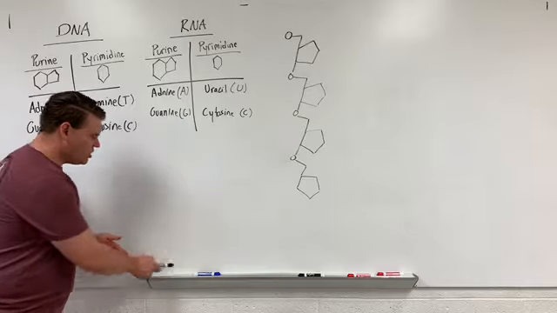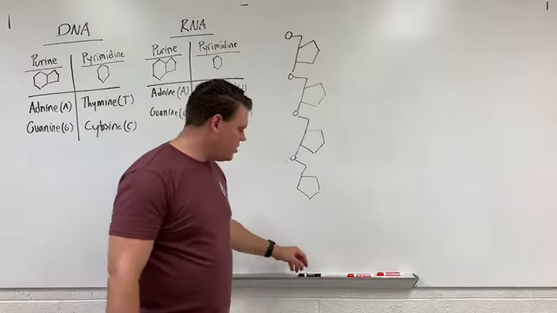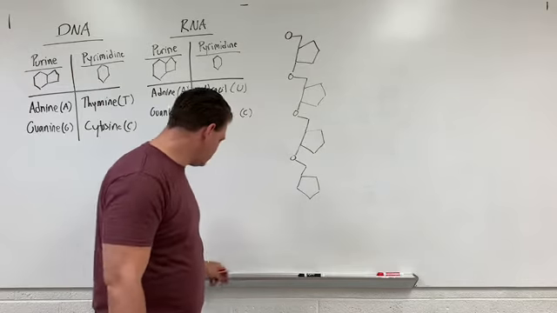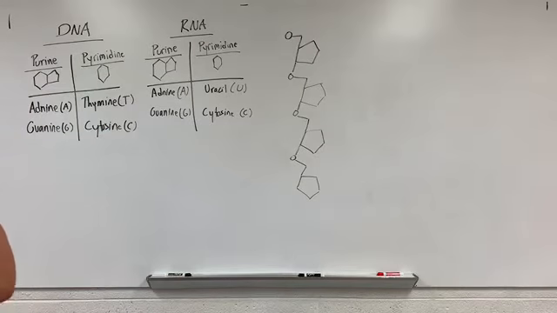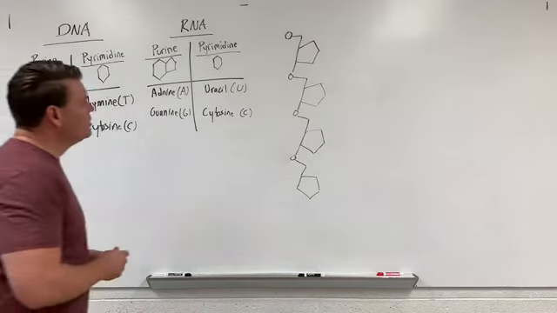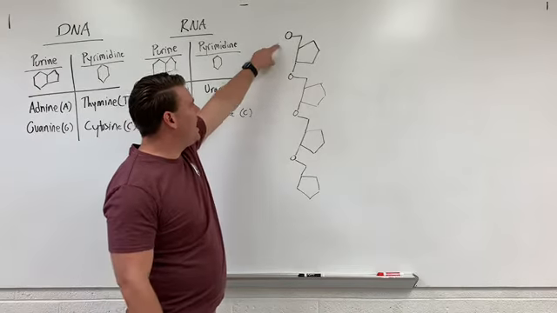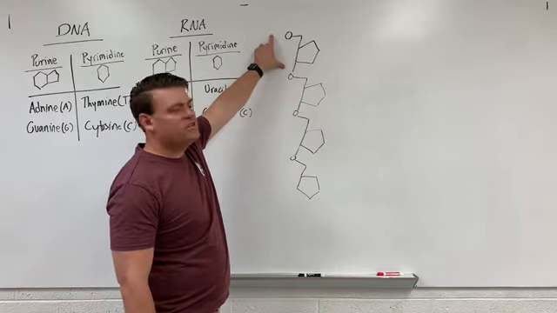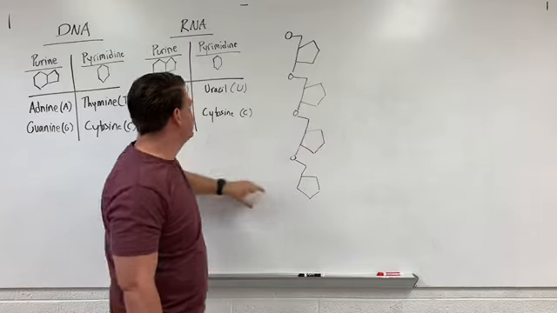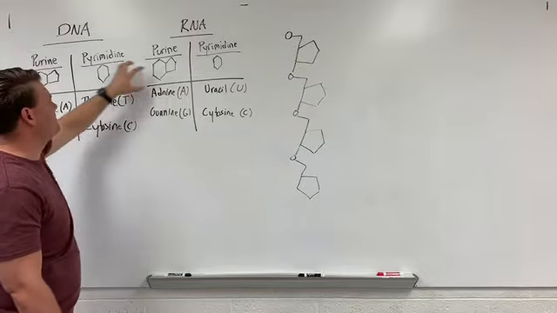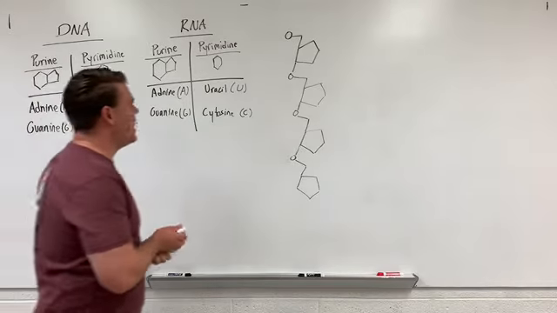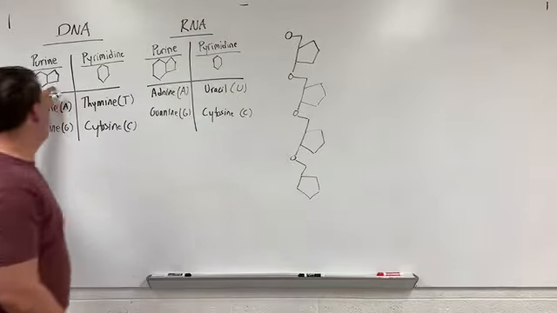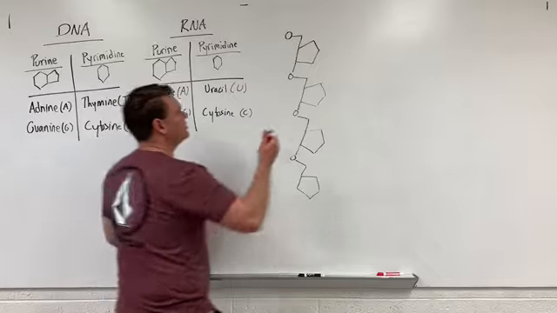All right, so to draw a bit of what our DNA looks like, here we have our single nucleotides, and the only thing we're missing is our nitrogenous bases. We're going to draw our adenine, so we're going to add a nitrogenous base that has a two-ring structure.